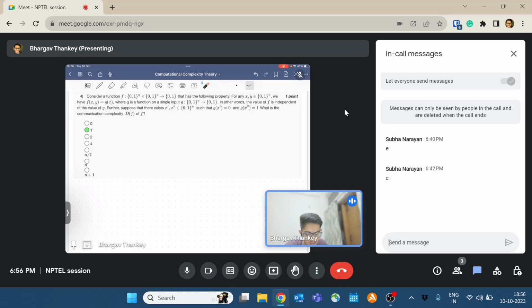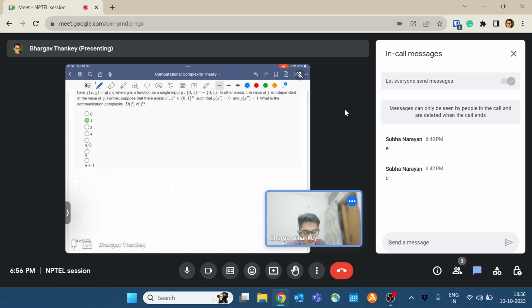And the reason Alice needs to do this is there are x prime and x double prime so that g of x prime is 0 and g of x double prime is 1, right? So if Alice did not send anything to Bob, then there is no way for Bob to figure out what the value of the function is. So Alice has to send at least one bit, the value of the function, to Bob, right? So the number of bits required is 1 and not 0.